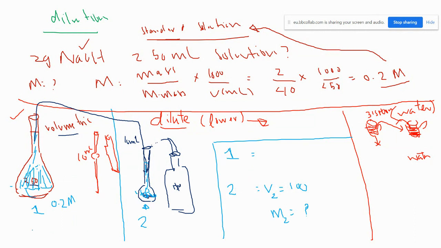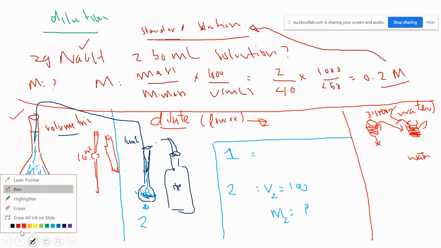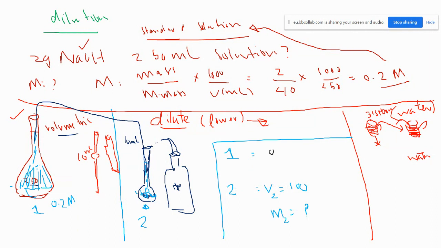And what is the molarity of solution number 1, the standard solution, the one we have? 0.2. We call it M1. What is the volume of solution 1? 10 ml, or 250? Decide by yourself.